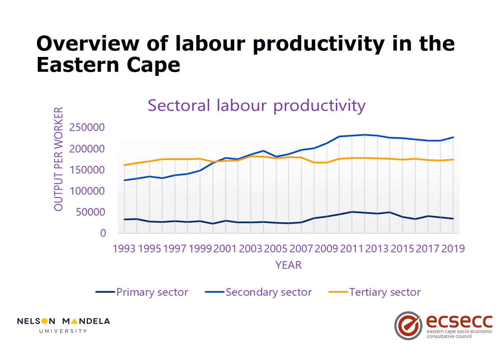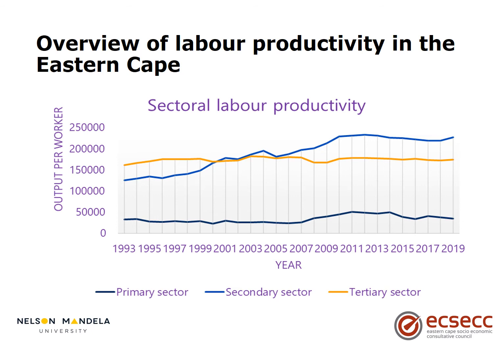Okay, breaking down total labor productivity into the different sectors, what we see is that secondary sector labor productivity has been the driver of the increase in labor productivity in the Eastern Cape, or you could say the major contributor to labor productivity growth. As you can see, there's a bit of an upward trend in the secondary sector.